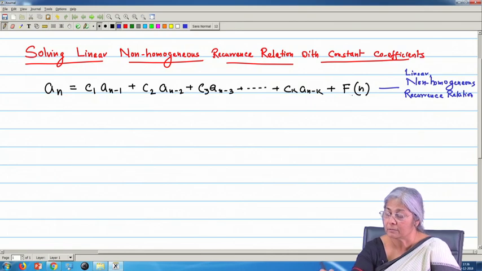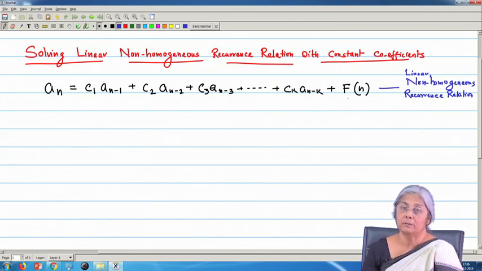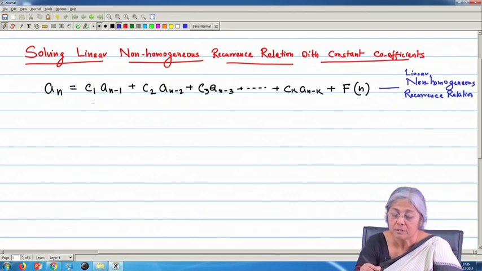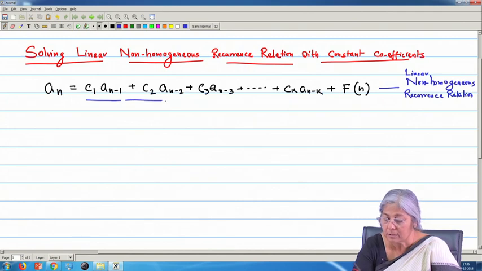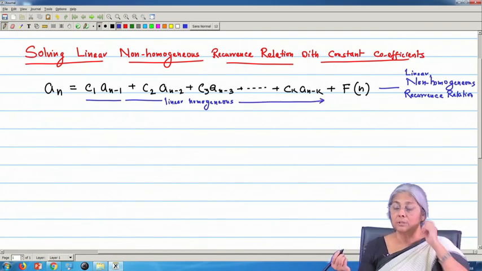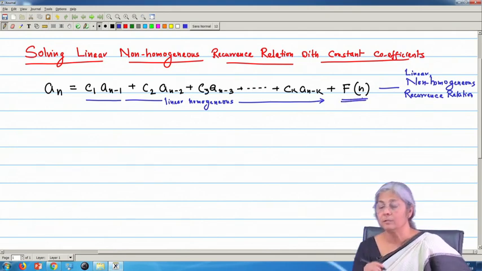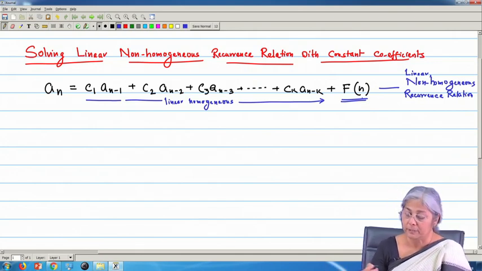But then what is the solving technique of this linear non-homogeneous recurrence relation? Now, see up to this part it is same. This is my linear homogeneous part, the linear homogeneous recurrence relation with constant coefficient. Only here this is the non-homogeneous part, a function of n has come.